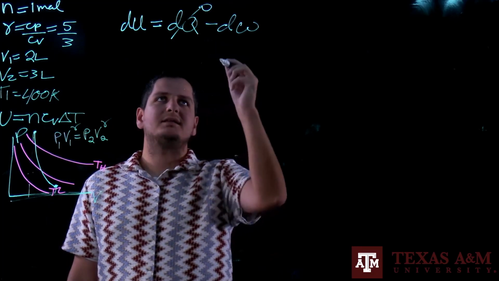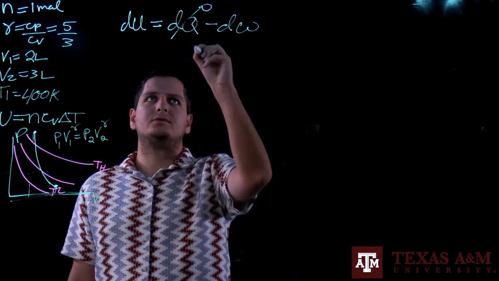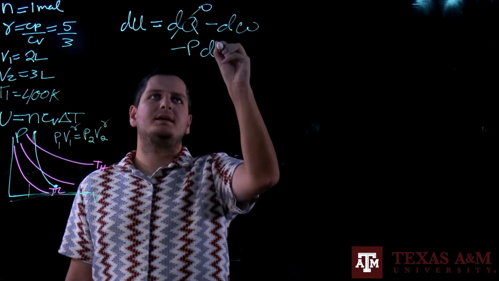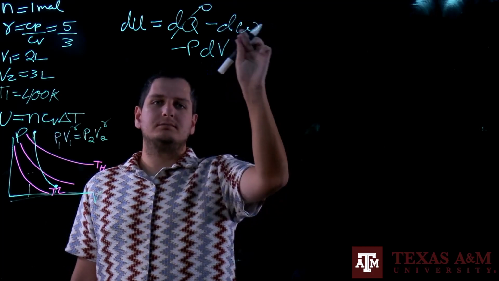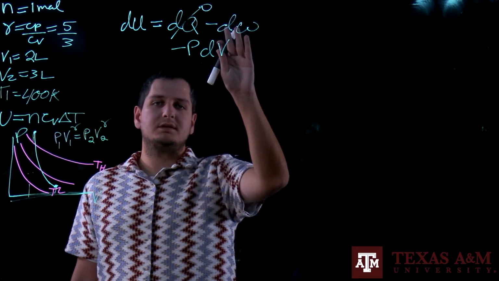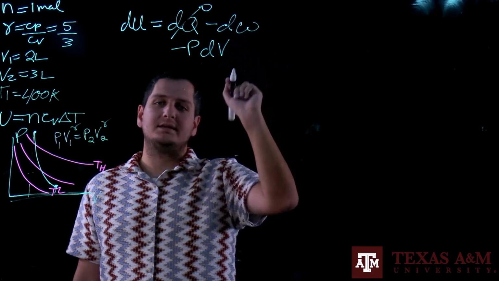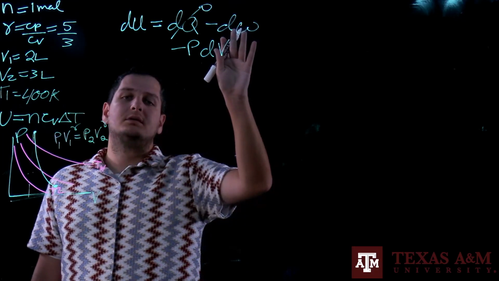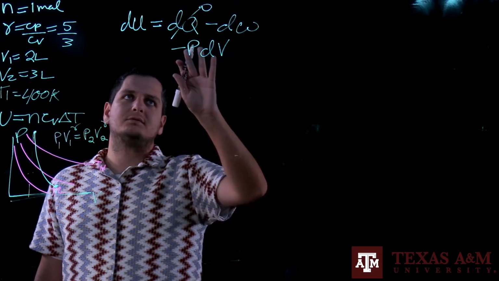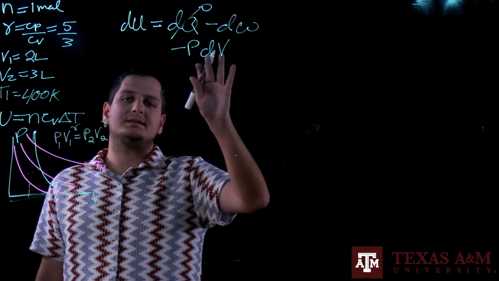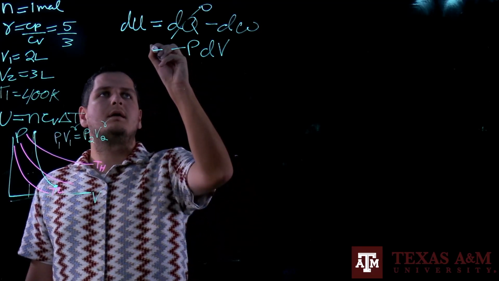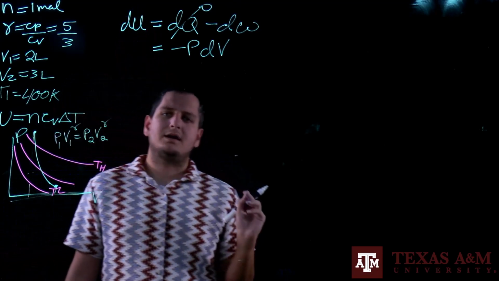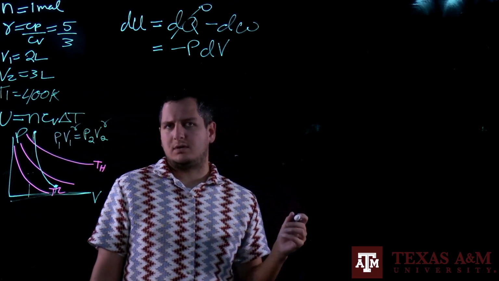Well, immediately I think that I can do this differential, inexact differential, so forgive my d here. The inexact differential W is equal to this exact differential, minus P times dV. And then this right here, dU, think about an ideal gas. We've been saying this for a while.